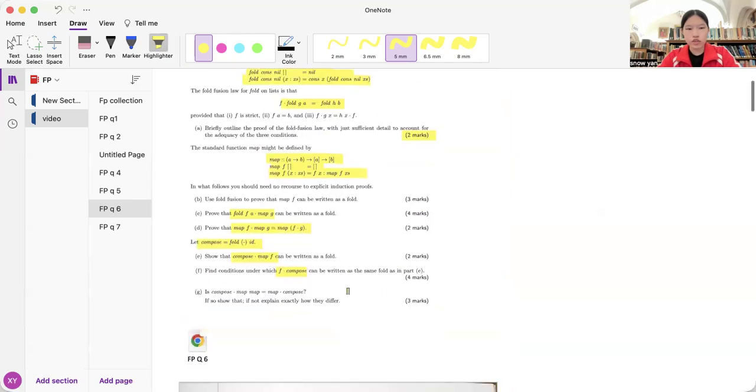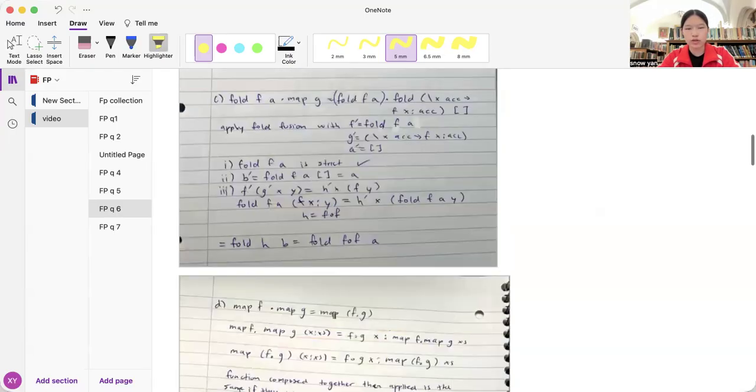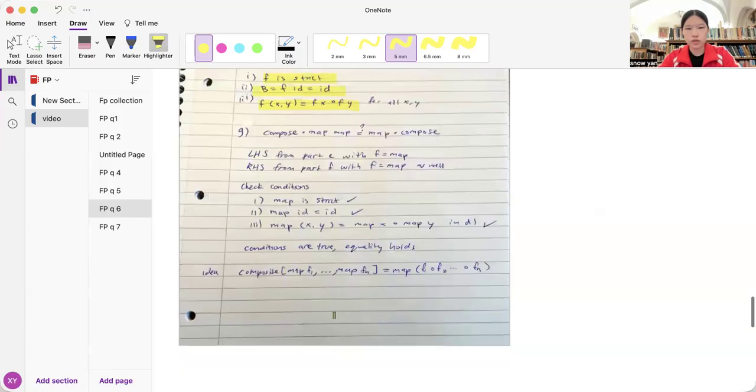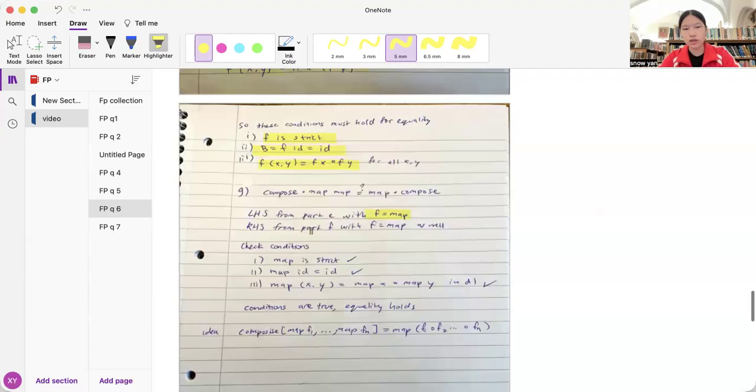And then in part G, we're asked, is compose map equal to map compose? If so, show that. If not, show how it differs. So we're going to show that it's either the same or different. But in terms of just showing the same left-hand side, we can just think of it as part E with F equals map, right? The form matches exactly. And then the right-hand side would just be part F, with F equals map.